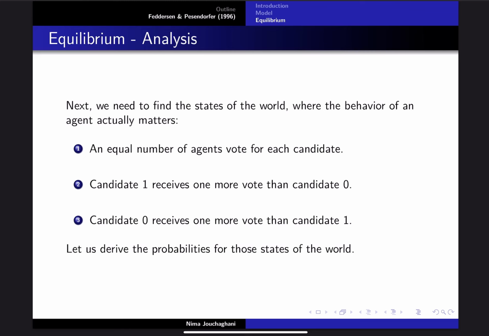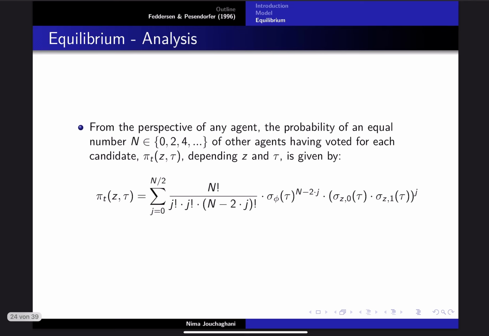Now what we will do is derive the probabilities for those states of the world. We will start with the probability that an equal number of agents have voted for each of the candidates. From the perspective of any uninformed independent agent, the probability of an equal number, n, where n is an even number, of other agents having voted for each candidate, we denote by pi t.